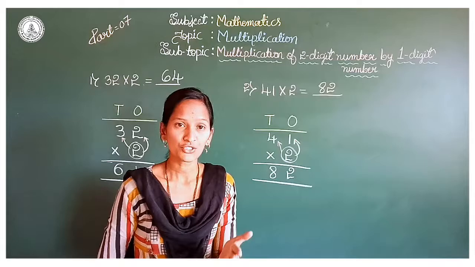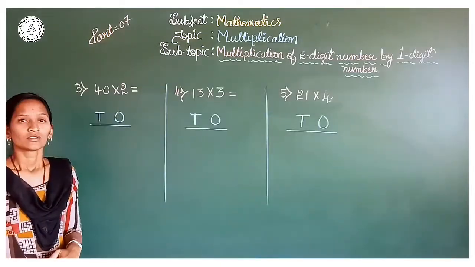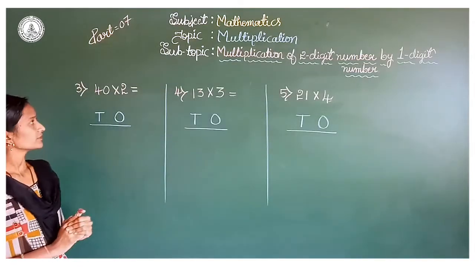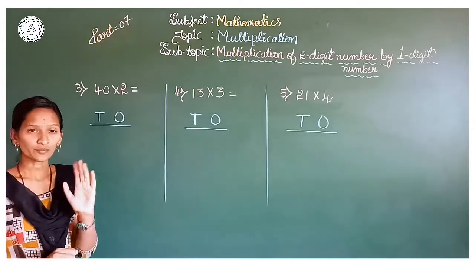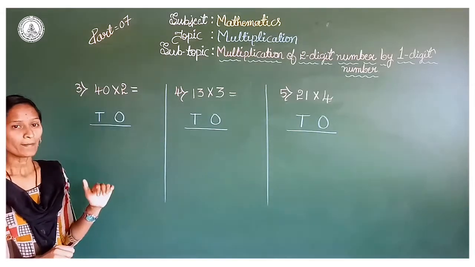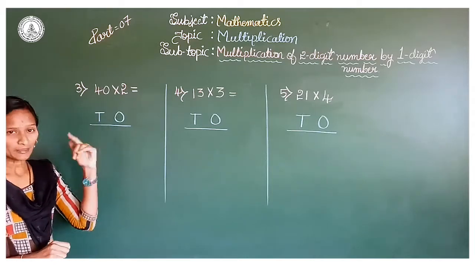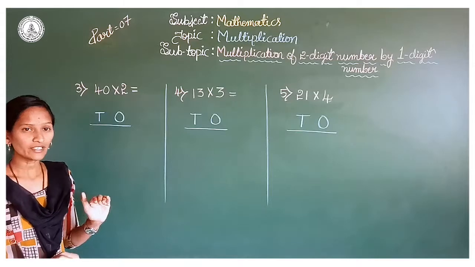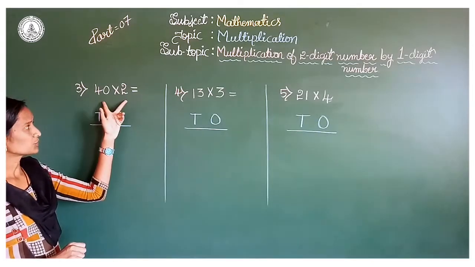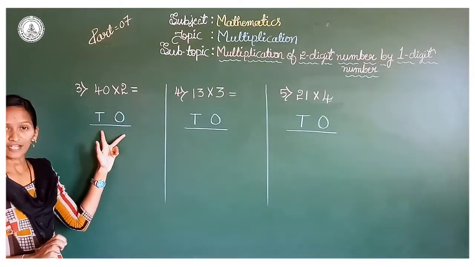So now I will show another example. Now come to the third one, that is 40 into 2. Here you have to find out the product. In this problem, 40 is the multiplicand and 2 is the multiplier. First step is you have to write these two under the columns of tens and ones.